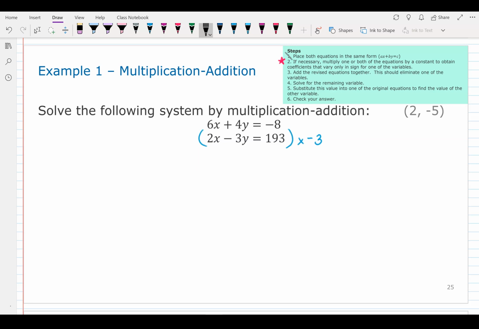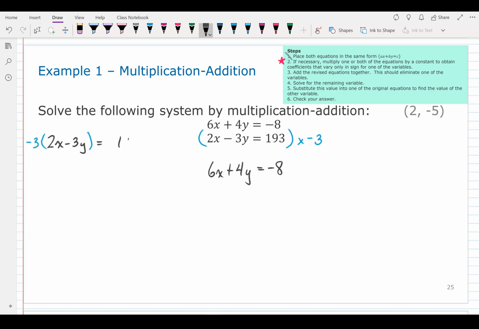So just bear with me here. I'm going to take the top and rewrite it. Nothing's changed there. But the bottom, I'm going to take every single term and multiply it by -3. Okay? So another way of writing this would be to, on the left side, think of it as having a -3 multiplied by it.